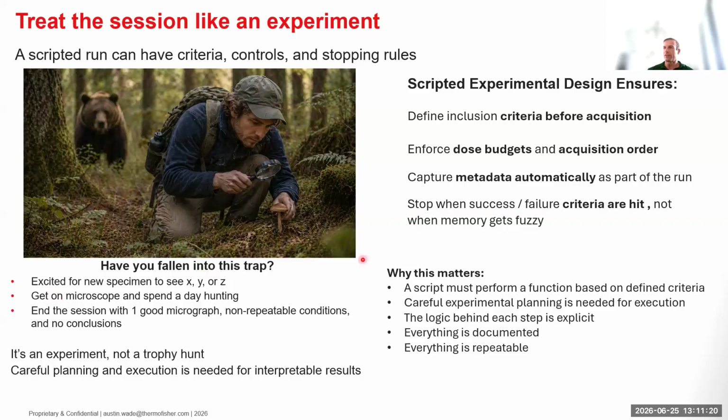Every image is now acquired under a known condition, every parameter is recorded automatically, and every decision follows predefined logic. The result is an experiment that is repeatable, traceable, and easier to reproduce across different operators. Scripting transforms a microscopy session from an exploratory search into a well-controlled scientific experiment.